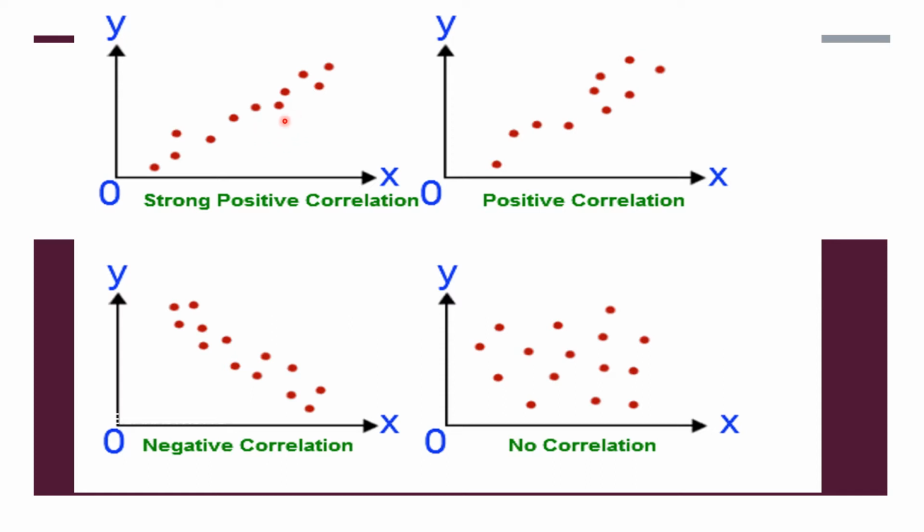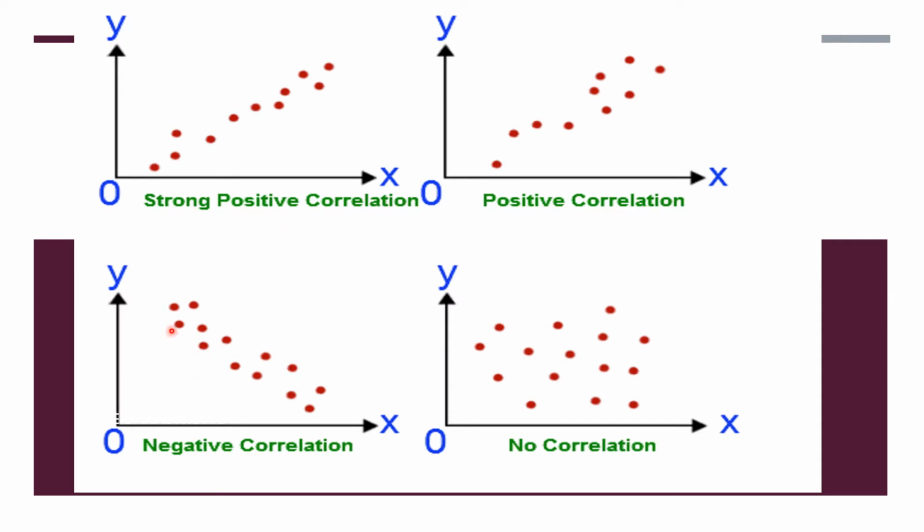If the points are close to each other, we say that the variables are correlated. And if they are spread away from each other, we say that the variables are not correlated. If the points lie in a narrow strip rising from left-hand bottom to the right-hand top, we say that there is a strong positive correlation.